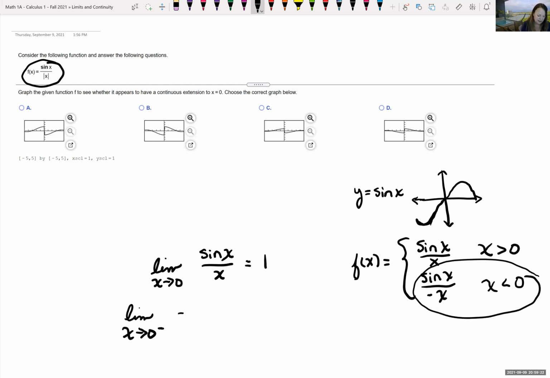Actually, let's just pull out the negative. So this would be negative sine x all over x. And so we know that this piece is approaching 1, and so we're going to be approaching negative 1.